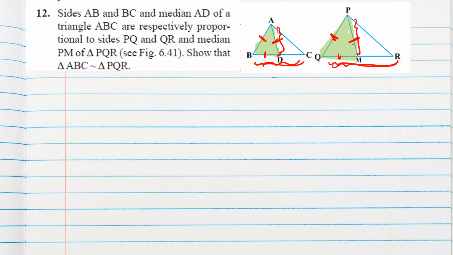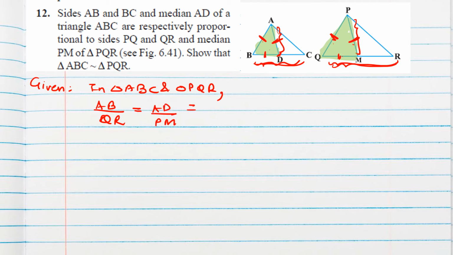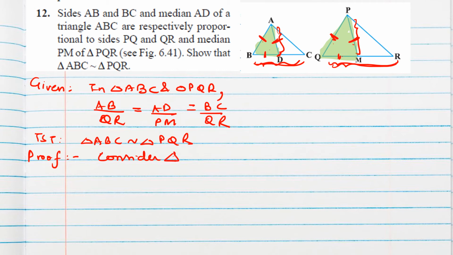First we will write the given. What is given? In triangle ABC and triangle PQR, AB by PQ, AD by PM, BC by QR. This is given to us. To show that triangle ABC is similar to PQR. So in the proof, first we will consider the smaller triangles, triangle ABD and PQM.